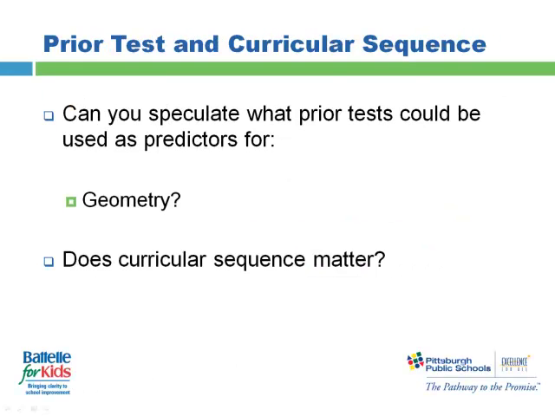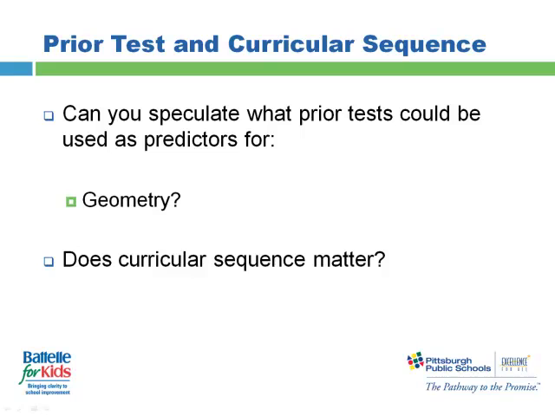Can you speculate what prior tests can be used for geometry? What about when geometry is taken in sequence? Your answers will vary, but more than likely you answered something math-related. In fact, in PPS, 8th grade math and CBA Algebra 1 are used as predictors of geometry.